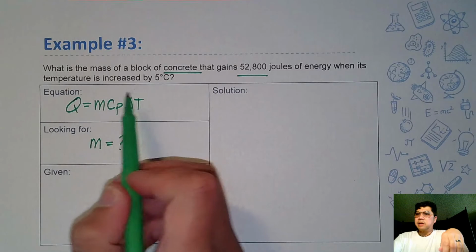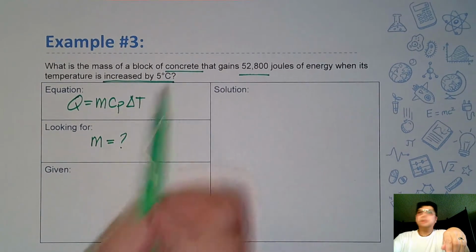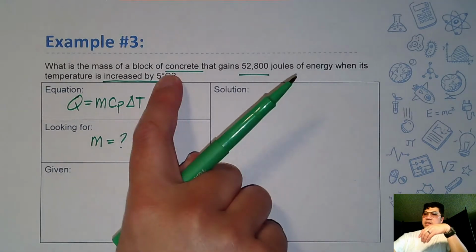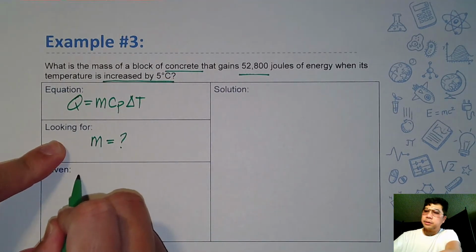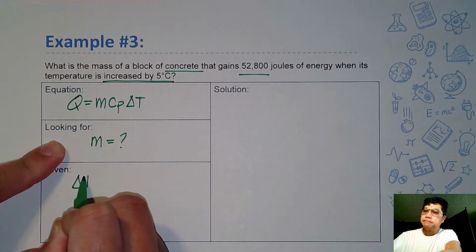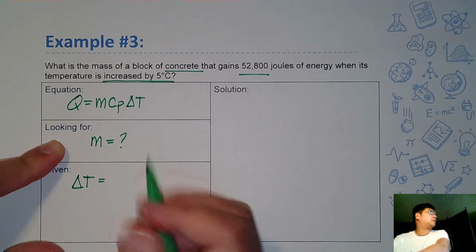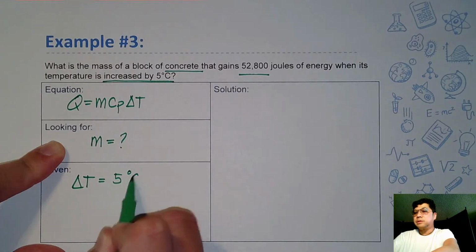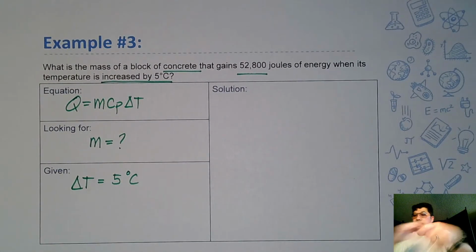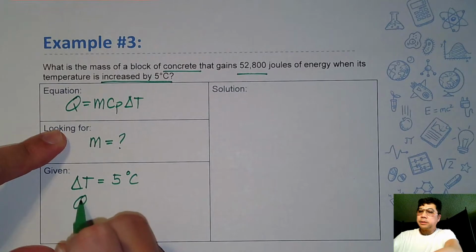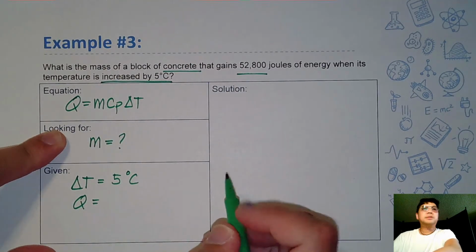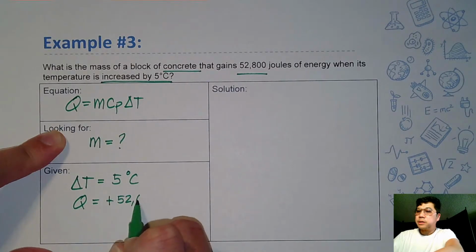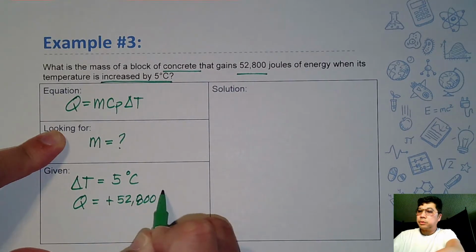It says increased by, so this is your delta T, your change in temperature, which is 5 degrees Celsius. The amount of heat gained is positive, so Q is 52,800 joules.